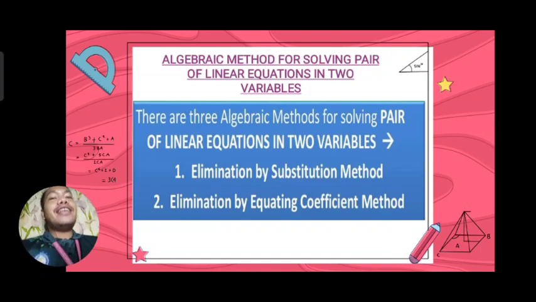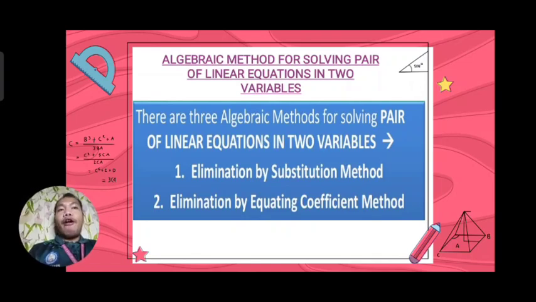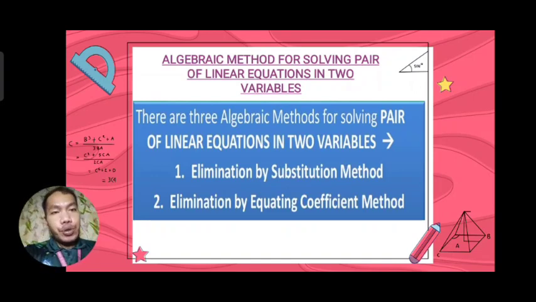Next, we have the second method, the algebraic method for solving a pair of linear equations in two variables. There are three algebraic methods. Here I will just discuss the two common methods because I am not familiar with the cross multiplication method.